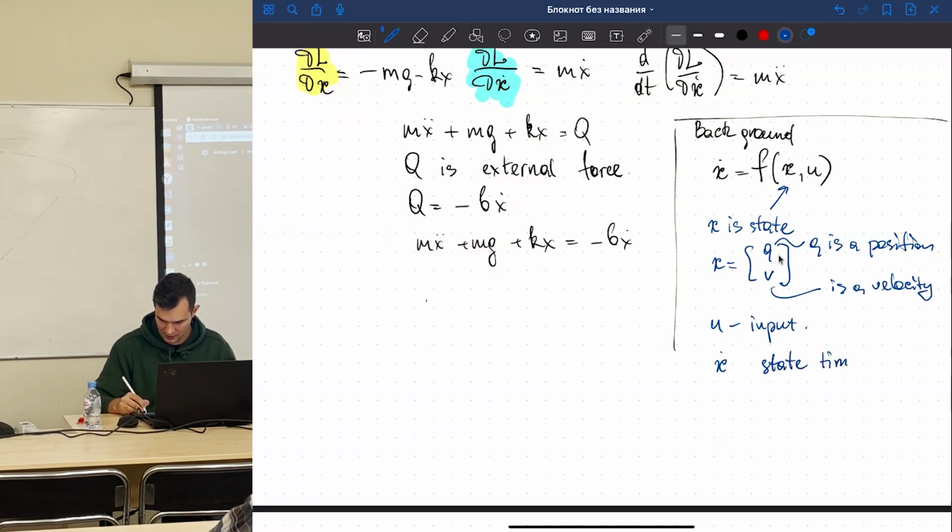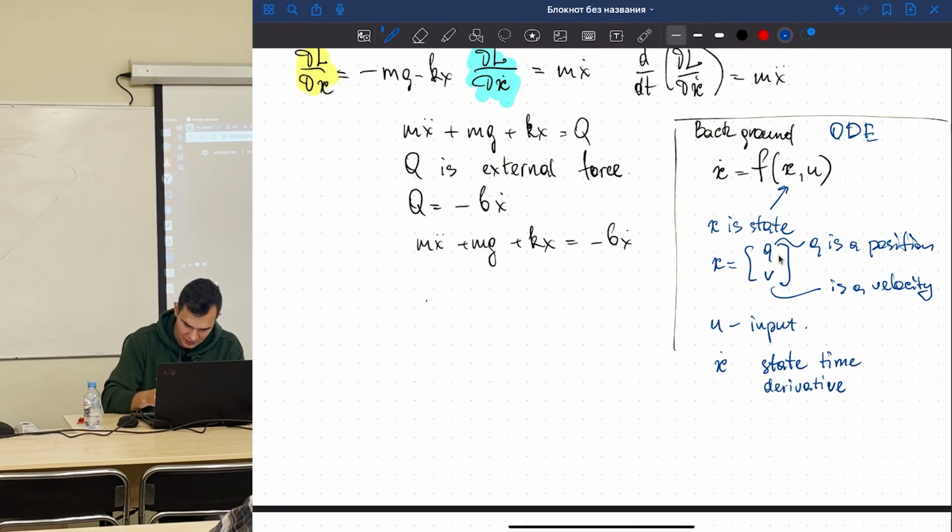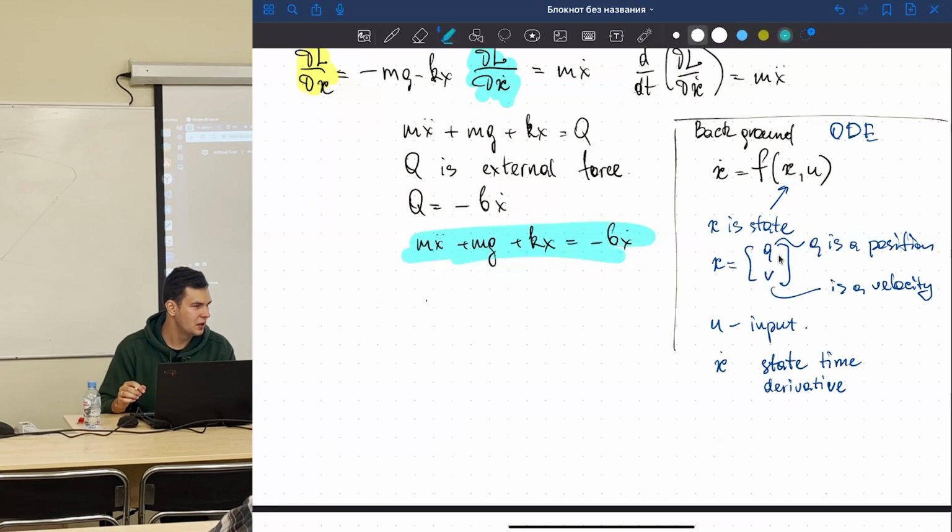This is called an ordinary differential equation. The stuff that we just derived is the same thing, we just need to rewrite it in some way.